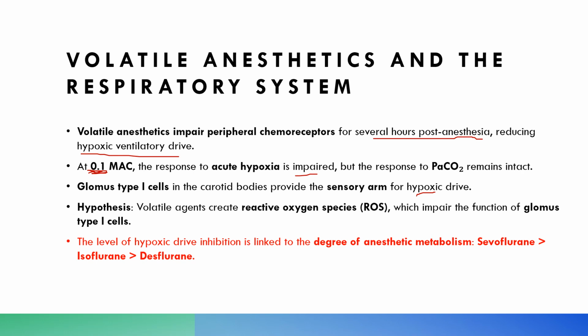So the theory is that when we metabolize these volatile anesthetics, they create reactive oxygen species, or ROS, which are going to impair the function of these cells. Okay, so the level of hypoxic drive inhibition is linked to the degree of anesthetic metabolism, so hepatic metabolism: sevoflurane being the most, iso in the middle, with desflurane coming in last. So that's important to remember.